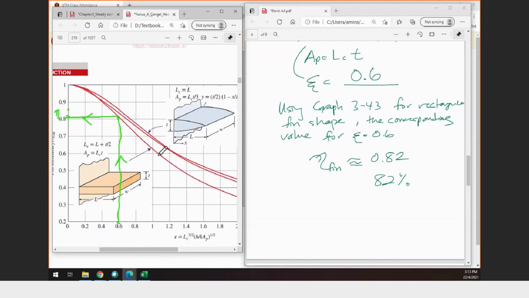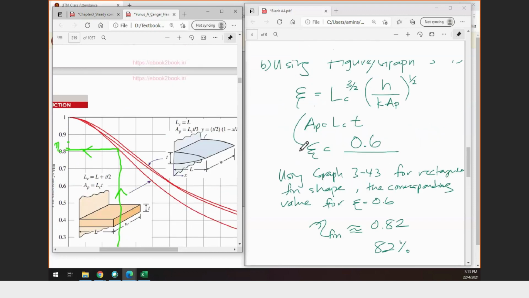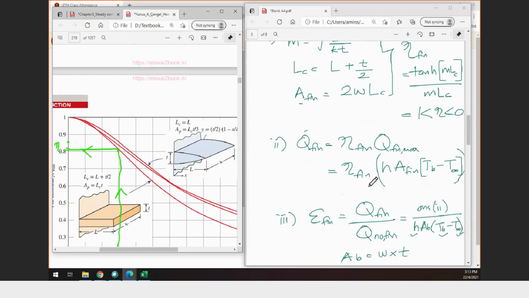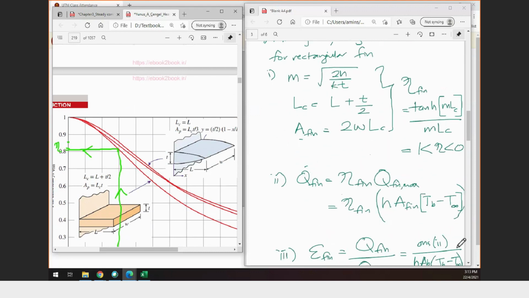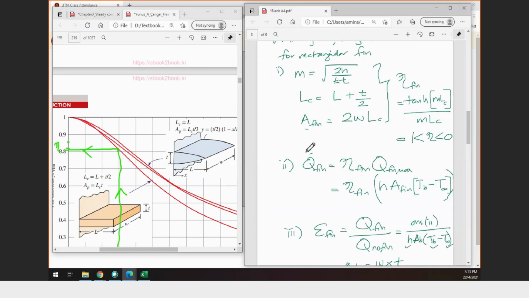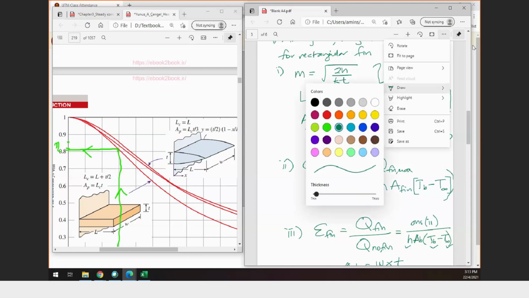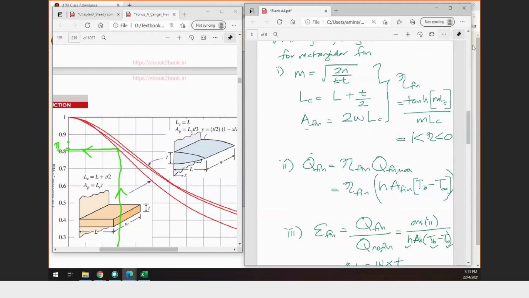Okay, I think from the table, from the equation, if I'm not mistaken, the answer for this is about how much? This one is about, you can get very accurate, 0.13.